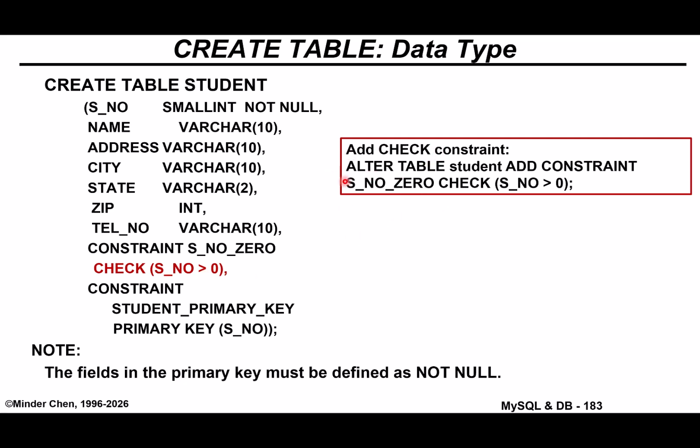You can write an ALTER TABLE statement on student, which is the table, ADD CONSTRAINT, and this is the name of the constraint, student number 0, which doesn't have any enforcement power. But this CHECK, student number greater than 0, does check this rule, which means if you enter a student number which is a negative number, they're going to kick you out. They're not going to let you insert that student's record.